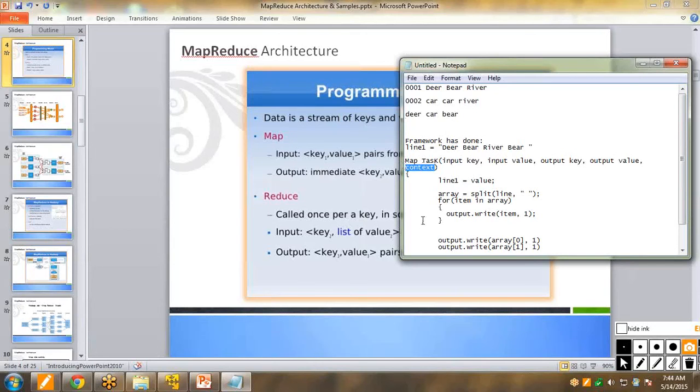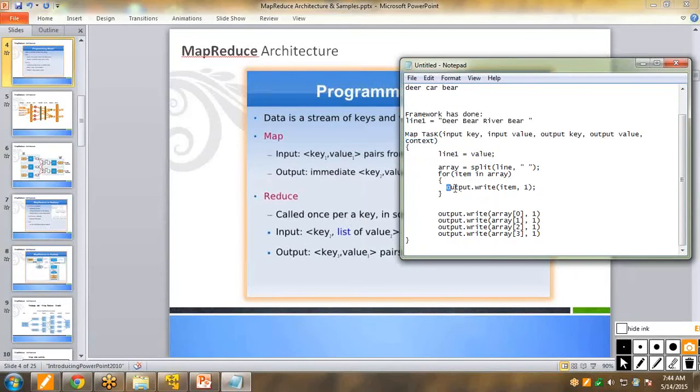Context is the object which the framework gives to us. So instead of saying output dot write, you say context dot write, and you pass the key and value. This key you can define it. This value you can define it. And again you are conforming to the framework standard here.